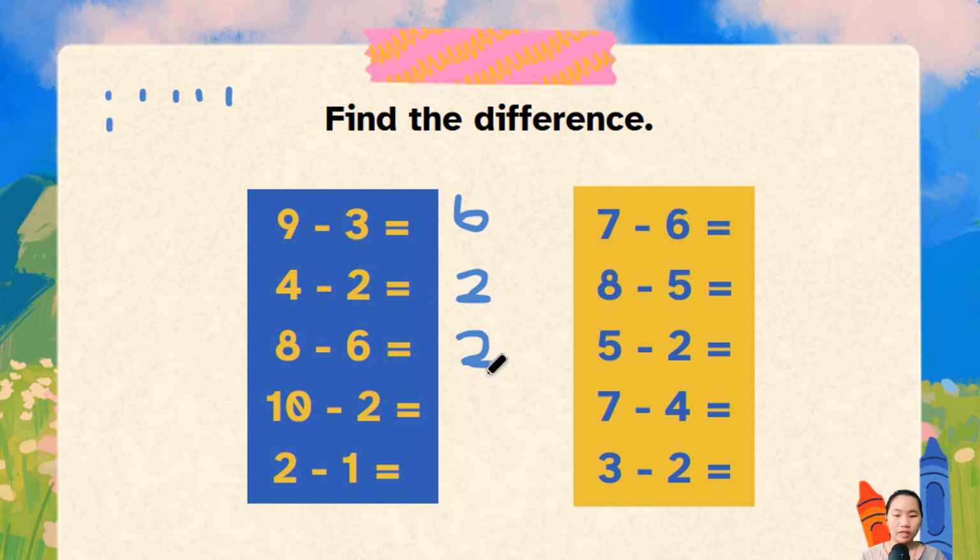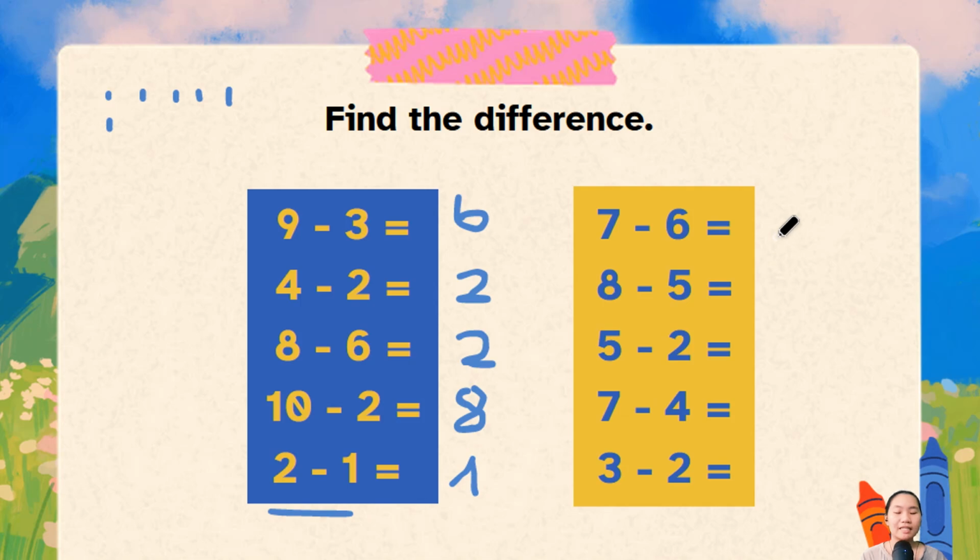Oh, this one is quite easy. 10 minus 2. What is 10 minus 2? It is 8. And 8 plus 2 is 10. Okay? Now, another easy one. What is the difference between 2 and 1? Well, it is 1. Okay?